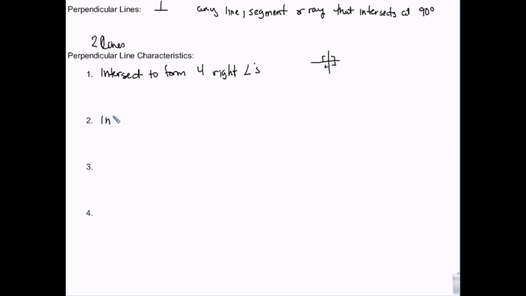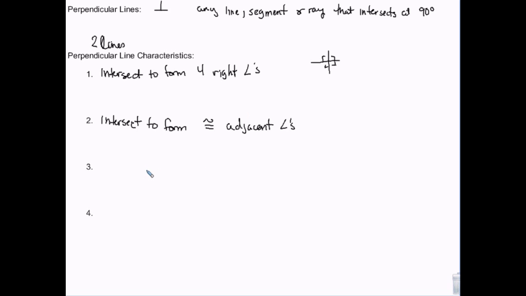They intersect and they form congruent adjacent angles. Because these 2 angles here are adjacent, they're next to each other, and they're both 90.